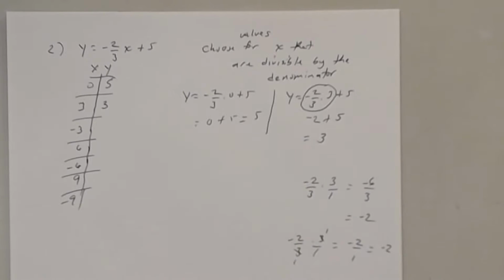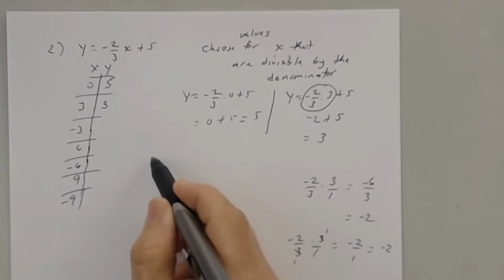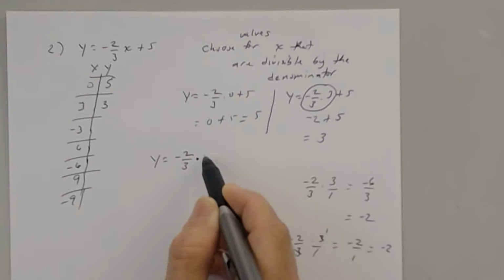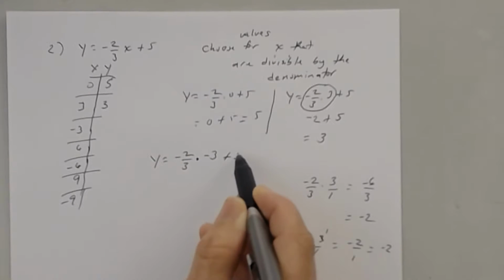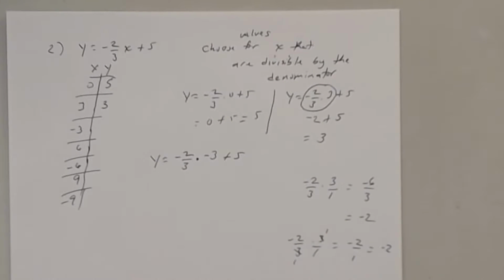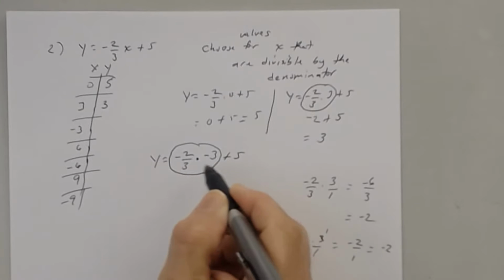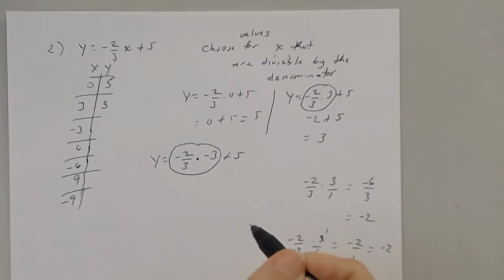All right, let's let x be negative 3 this time and see what we get. If x is negative 3, I get y equals negative 2/3 times negative 3 plus 5. I do multiplication first, but remember, a negative times a negative is a positive. So when I multiply these two numbers, it's going to be a positive number.